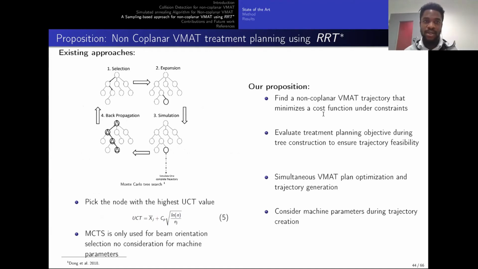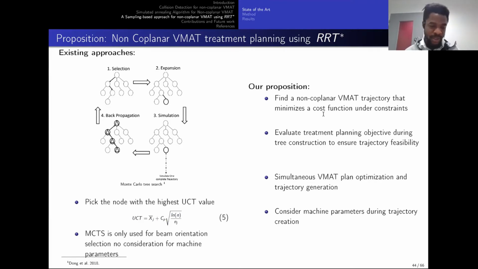The existing approach that we see in the literature is the Monte Carlo tree search by Dong, which is the more recent approach. It defines the beam orientations as nodes, and you try to select a new one. You make some expansion from existing nodes, and then you use a value called UCT.